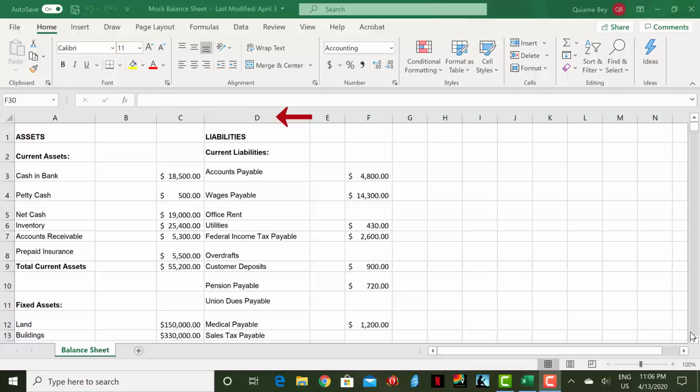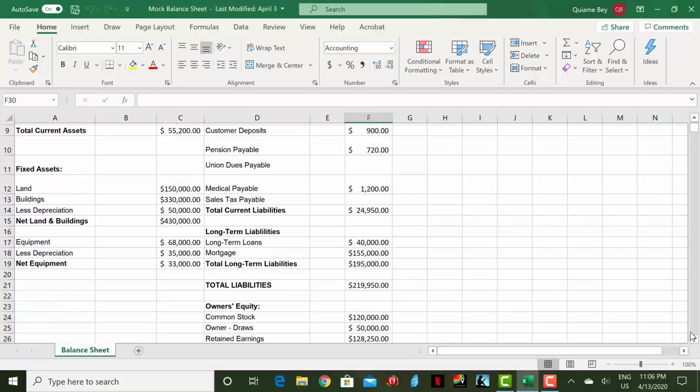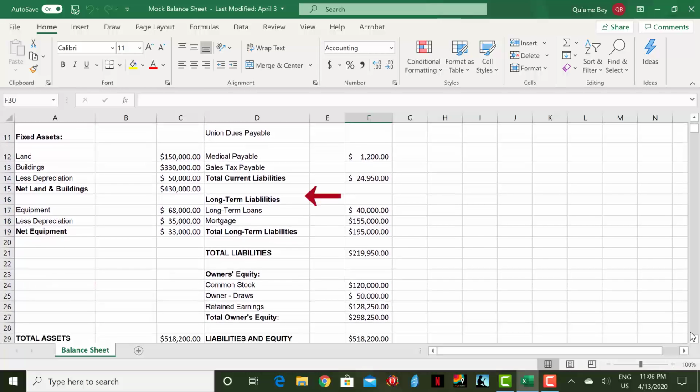Column D focuses on liabilities and owner's equity. Cell D1 is the main category heading. Cells D2 and D16 are the subcategory headings, which are current liabilities and long-term liabilities.